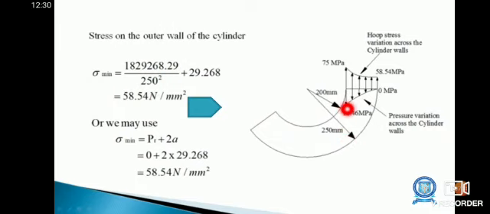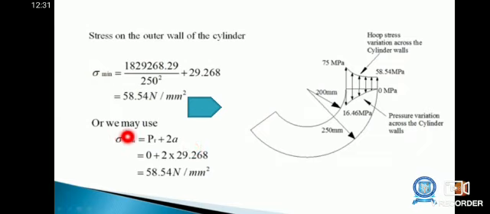The internal radius is 200 mm, outer radius 250 mm. Internal pressure is 16.46 megapascal, outer pressure is 0. The minimum hoop stress is 58.54 megapascal, and the maximum hoop stress is 75 megapascal.